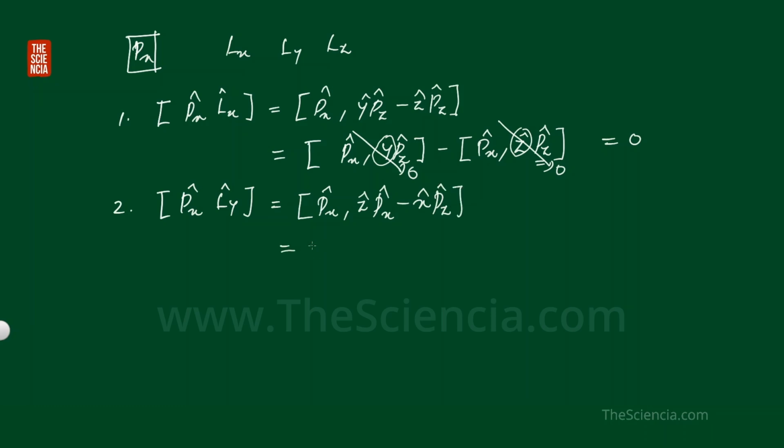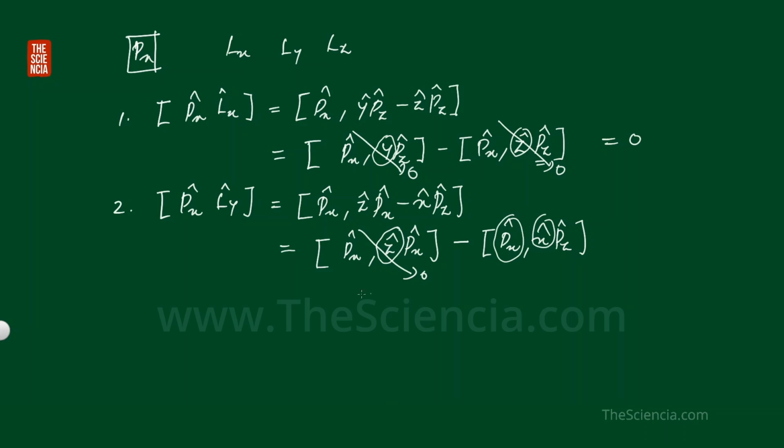So we can expand this, that is Px cap comma z cap Px cap minus Px cap comma x cap Pz cap. Again check, z cap is there but there is no Pz, so this term will be equal to 0. And here x cap is there and Px cap is also there.